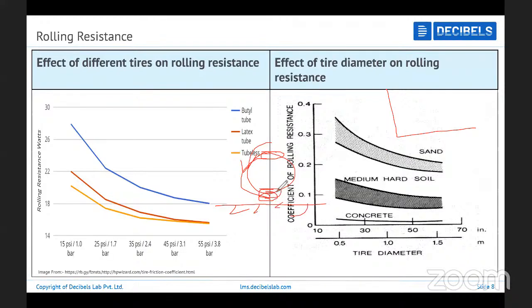At that position you are loading. And when it continues its rotation, at the later stages that particular part is unloaded.